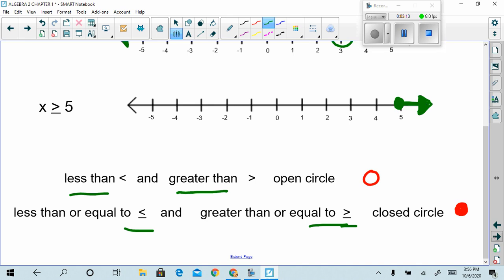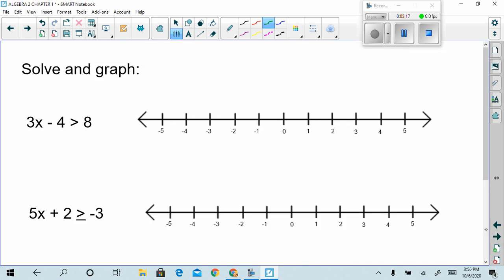We'll start with some very simple ones. Let's solve and graph. Well, let's start by solving the way we know how to, inverse operations. Let's add 4 to both sides. That gives me 3x is greater than 12, and then I'll divide by 3. My solution is x is greater than 4.